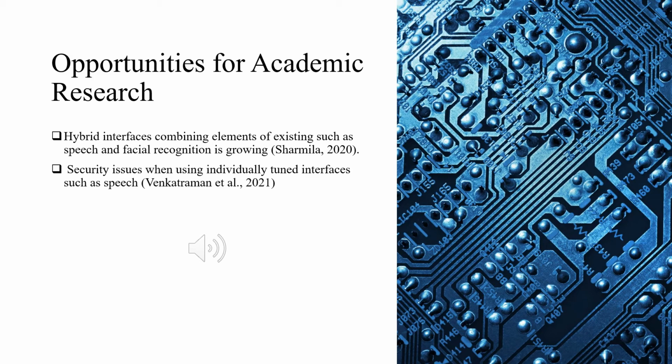And then the final, and in a lot of ways I believe the most interesting, is security around these, particularly around anything tuned to an individual. So if you tune, for instance, your facial gestures or the way you walk or something like that to be recognizable enough by a computer that it can take action upon it, then you've also trained it to recognize you.